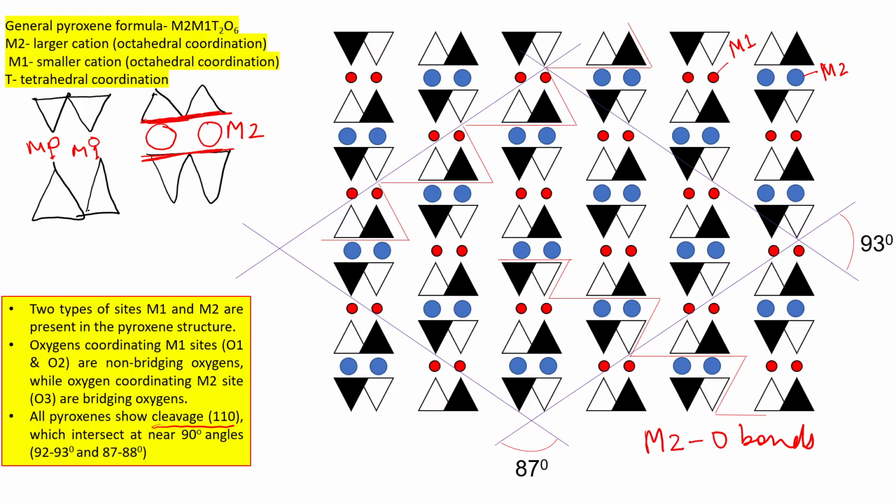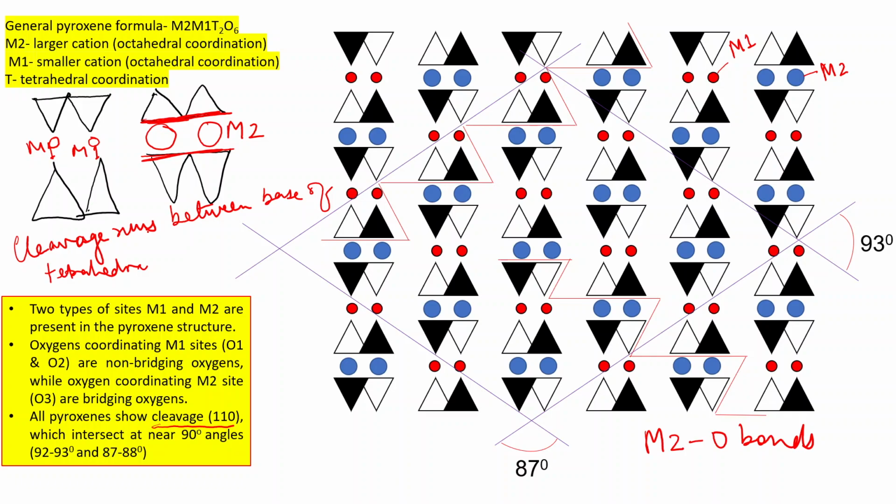So what happens is that, drawn by the red line, this cleavage runs between the base of the tetrahedra. Remember that the cleavage runs between the base of tetrahedra.